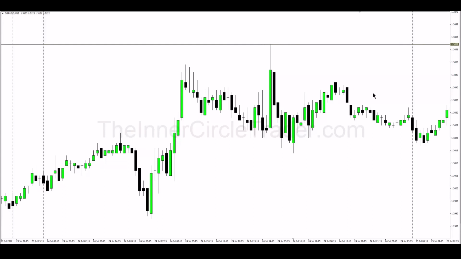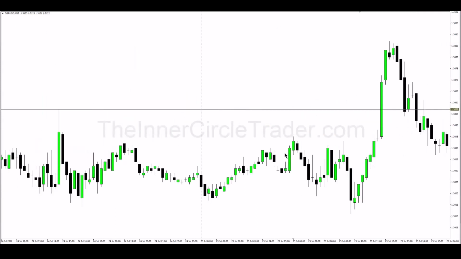We're running for 130.57. On this day here, we're looking for a scenario to get long to run that liquidity pool. Again, this is the liquidity pool we're reaching for, previous day's high on this trading day.